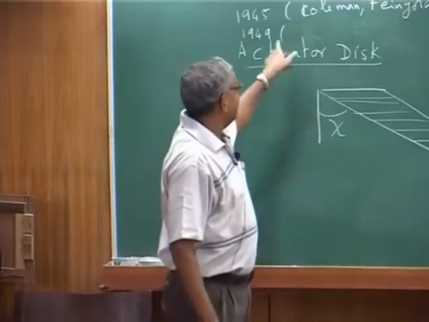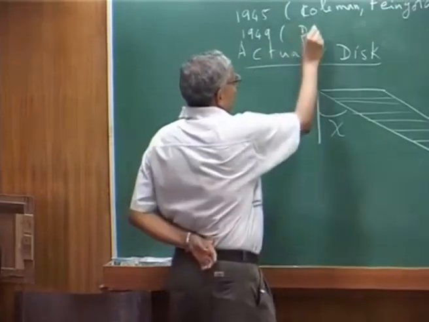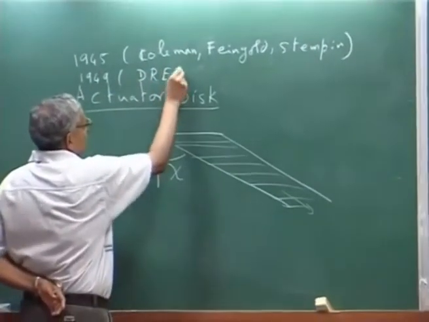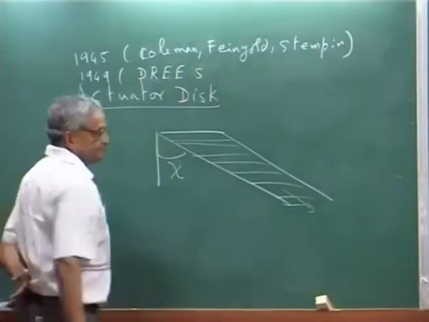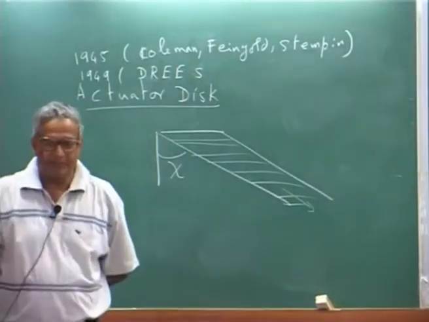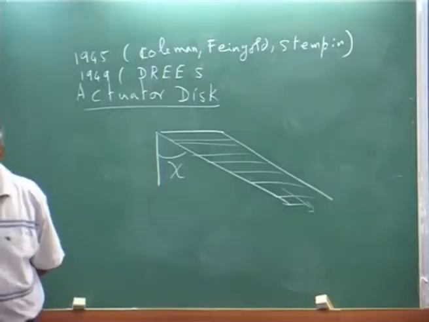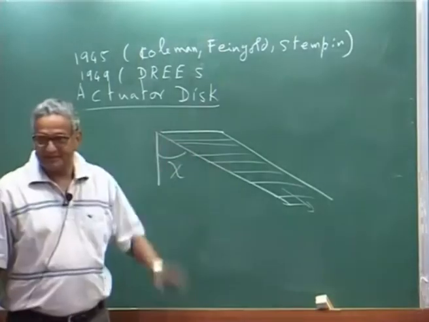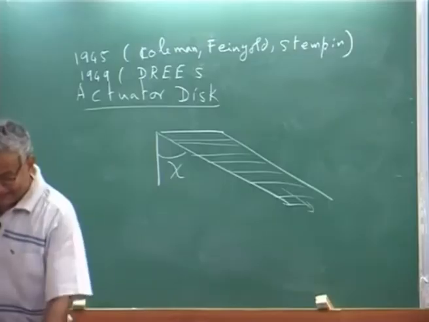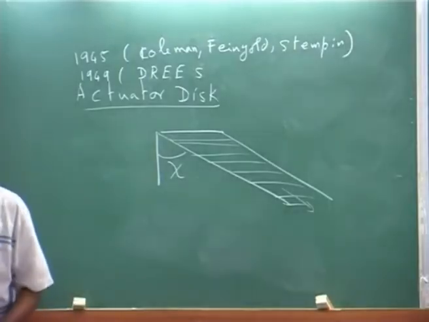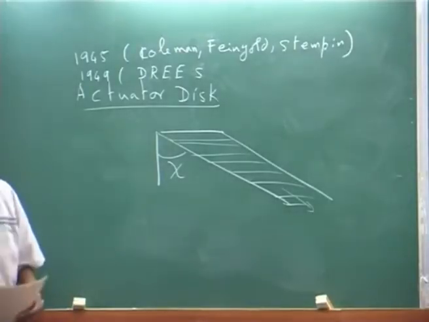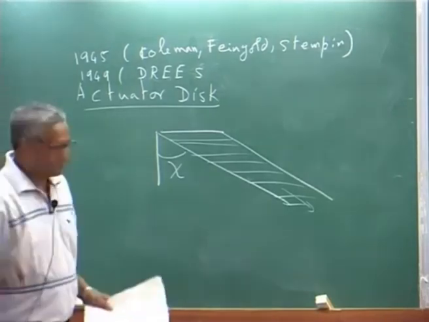With that, he made what is called Dries model. He again got the inflow variation on that. Then in the 1950s, using the potential flow theory, the 49, 50, 52 period.